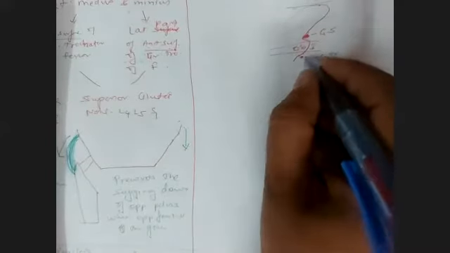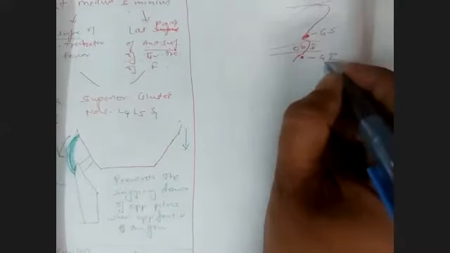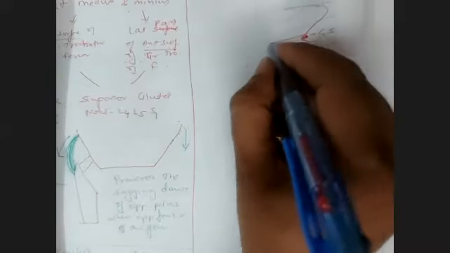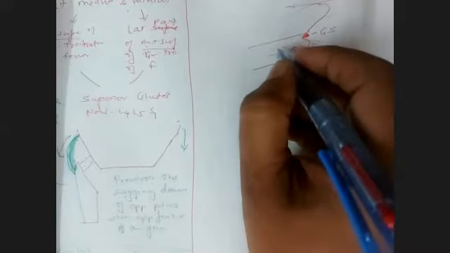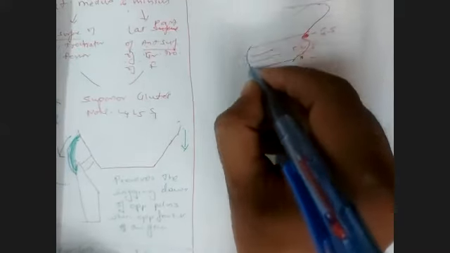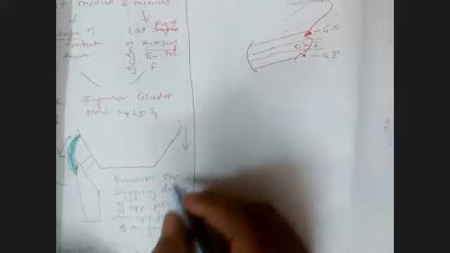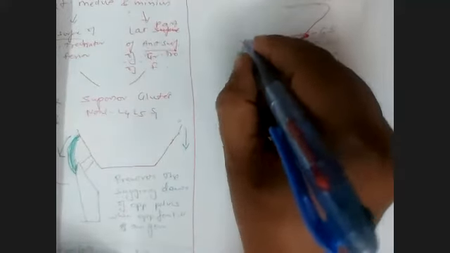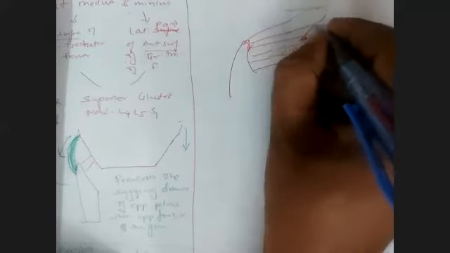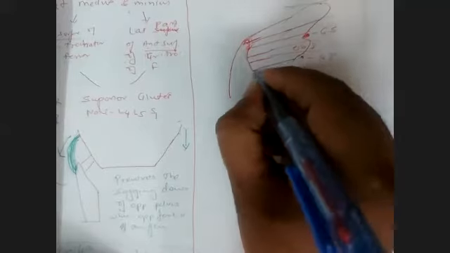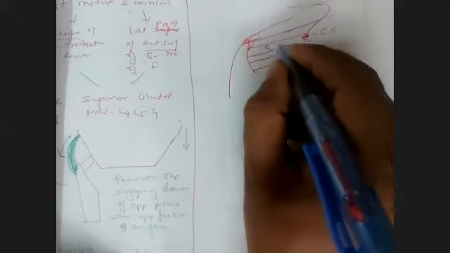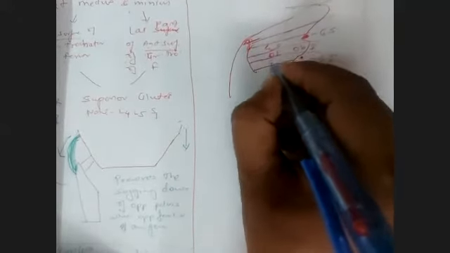Above is the origin of gemellus superior, and below is the origin of gemellus inferior. Together they go like this and get inserted on the medial surface of the greater trochanter. Piriformis was getting inserted on the tip of the greater trochanter, and on the medial side are gemellus superior, obturator internus, and gemellus inferior.